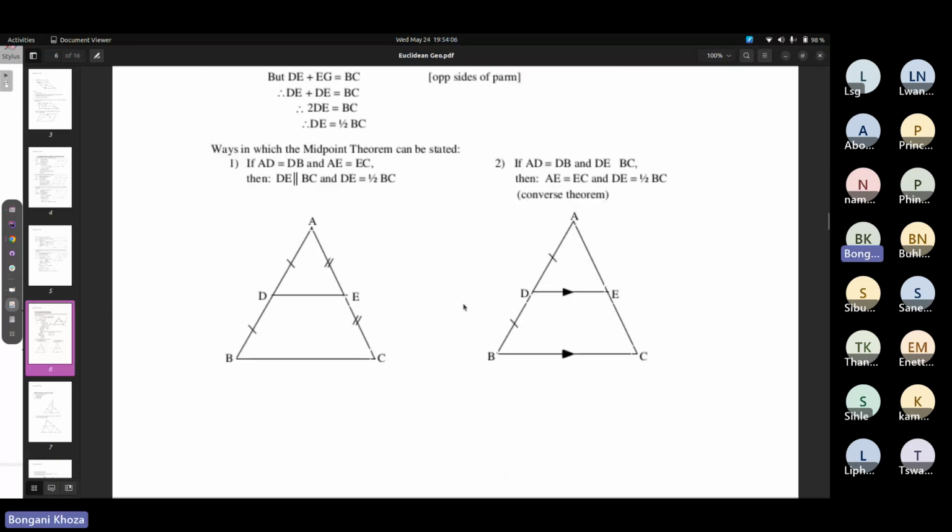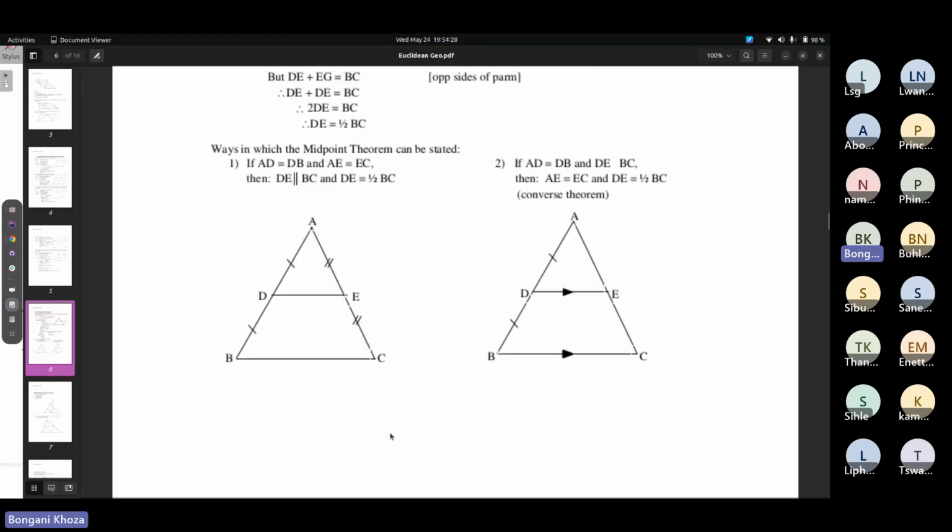Right. So with the midpoint theorem, D is the midpoint, in the middle of this line, and E is in the middle of that line, hence we can say that this part is equal to that one, and that one is equal to that one. Therefore, we can conclude that this line is parallel to that line. That's your midpoint theorem.